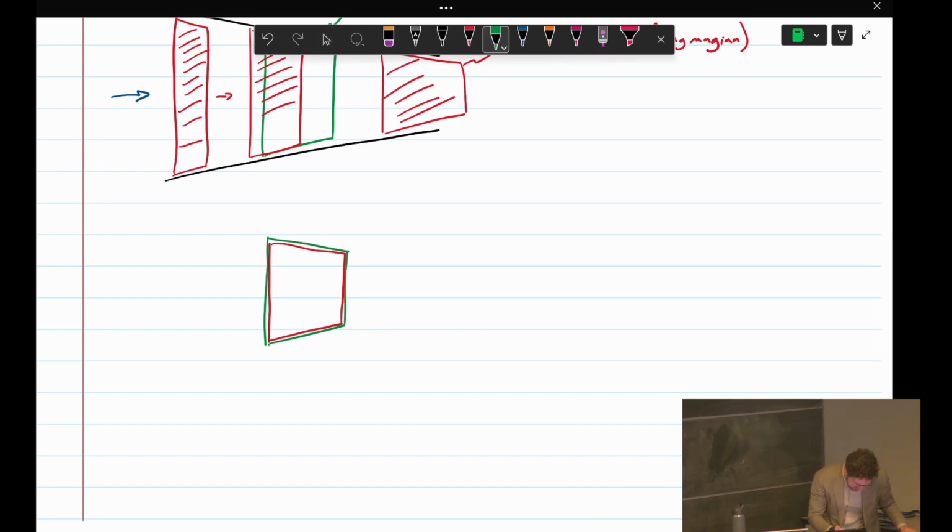And at a time t plus delta t, our control mass has moved a little bit.